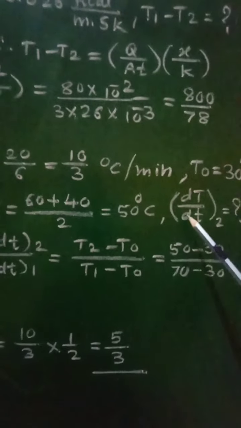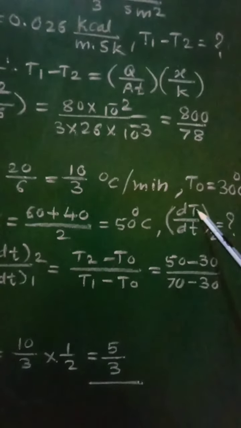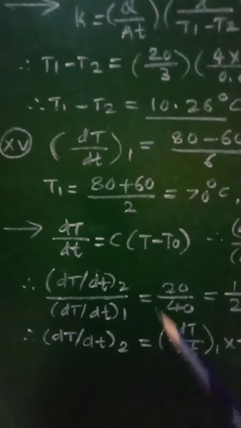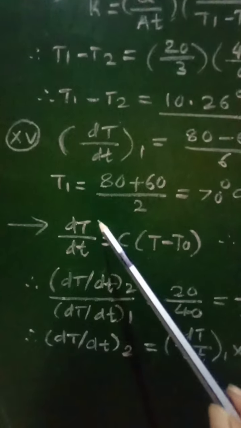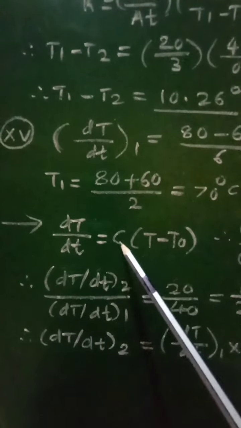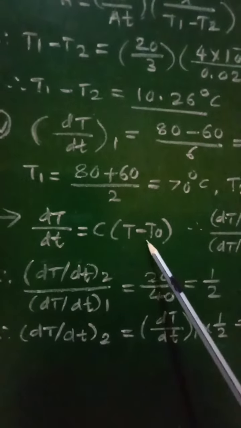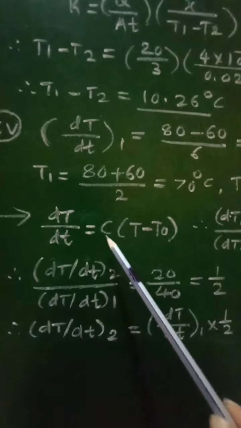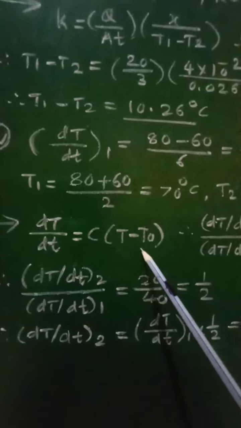And we have to find out the second rate of cooling, that is dT by dt2. According to Newton's law of cooling, we have dT by dt equal to C into T minus T0, where C is the constant of proportionality.